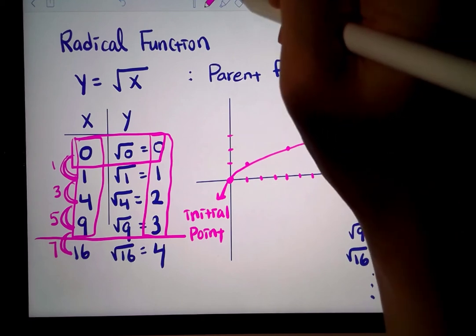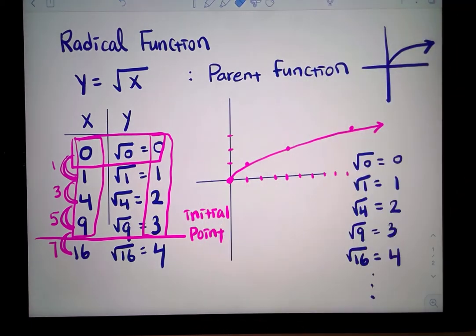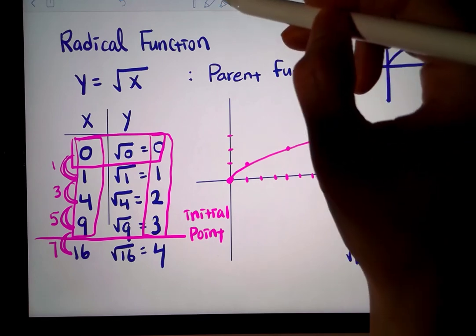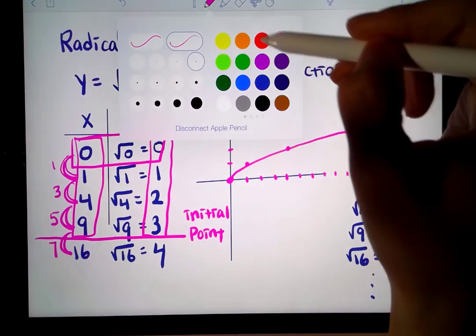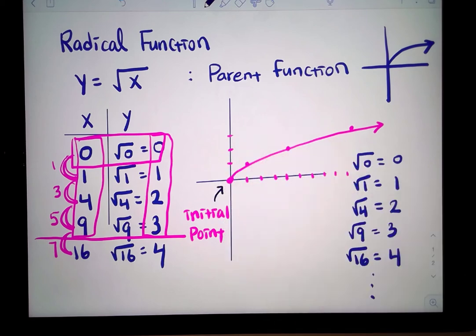Oops, this one looks like an arrow. It's not. That's your starting point. So this is the basic graphing.